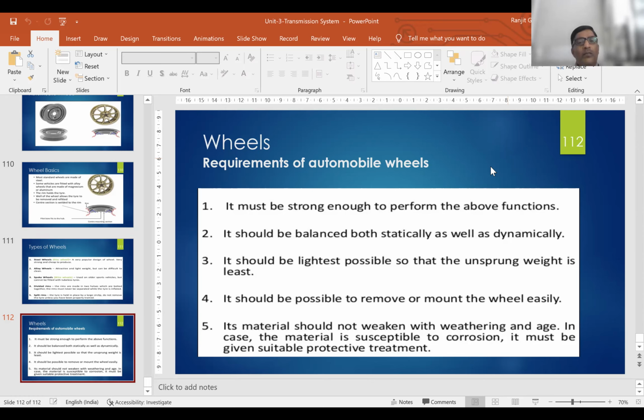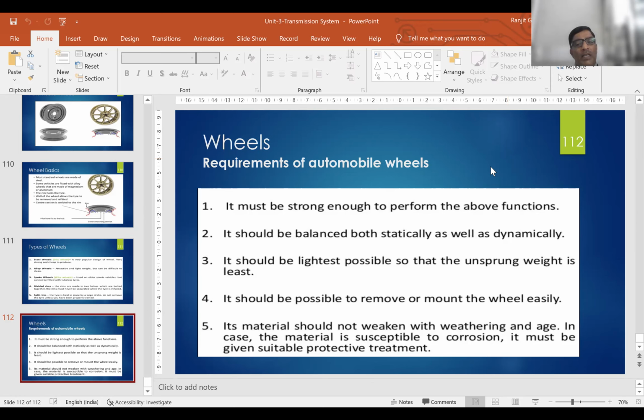Next is the components of the steering system. It consists of three major components. First is the steering wheel, which is located in the driver's cabin.